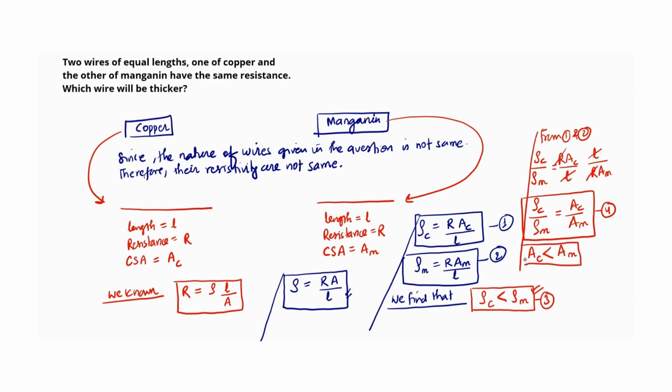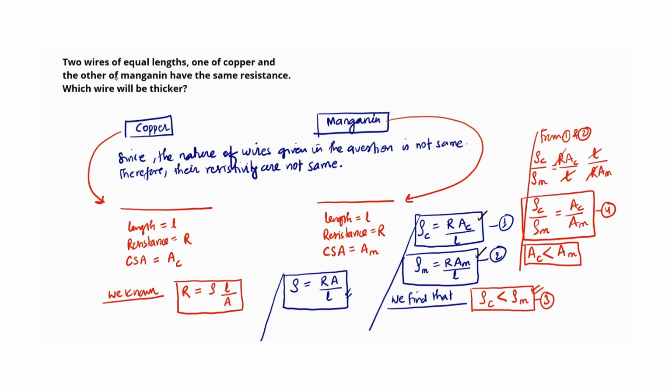We can see directly from equations 1 and 2 also that resistivity is directly proportional to the area of cross section, even though we know resistivity is fixed for copper and fixed for manganin.